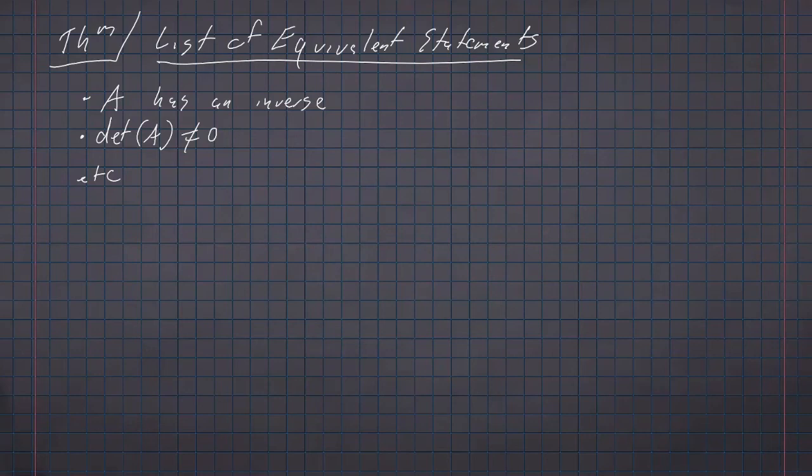The ideas of row space, column space, rank, and nullity give us several new statements that we can add to the list. The rows of A are linearly independent.